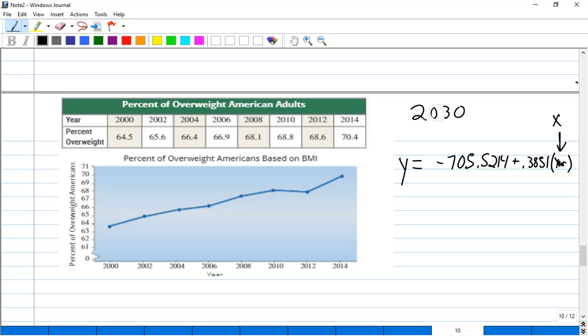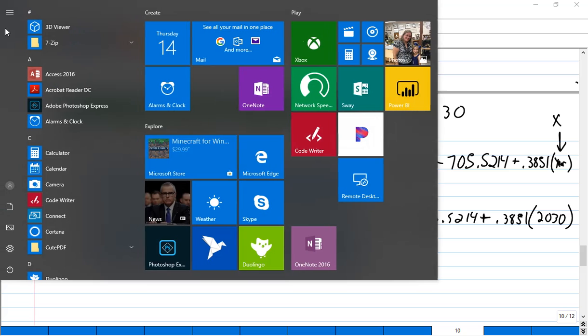My daughter graduates high school in 2029. So this would be a good way to see how America is going to look in 2030 whenever she starts college. So it'd be y equals negative 705.5214 plus 0.3851 times 2030. So let's do that.